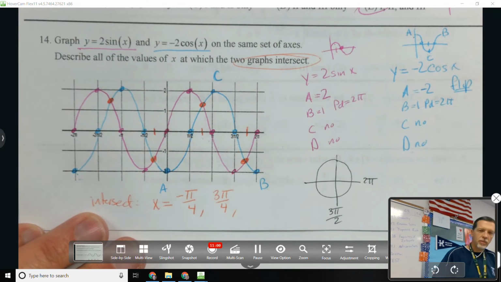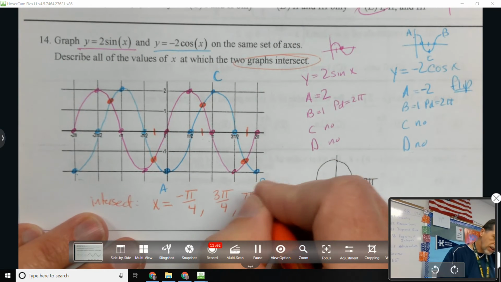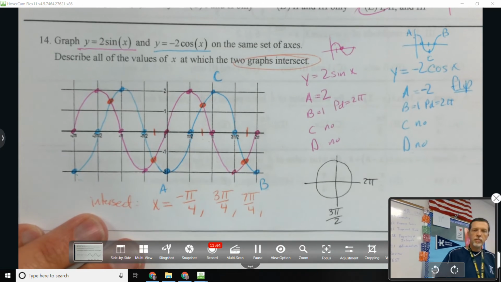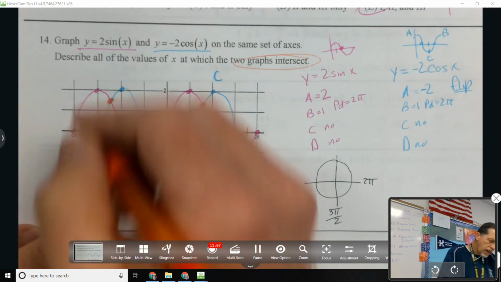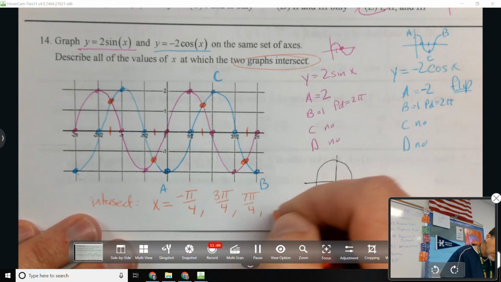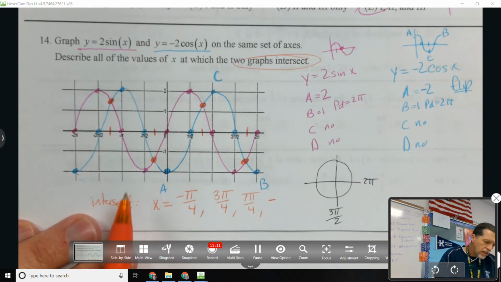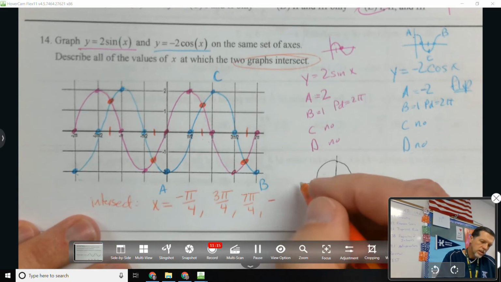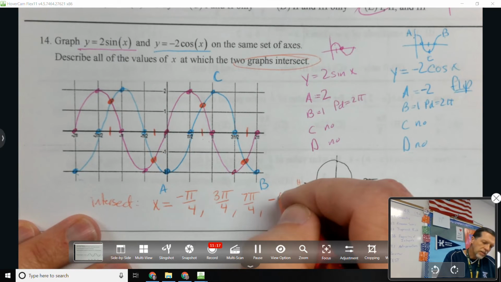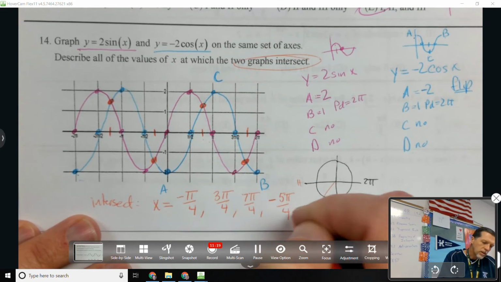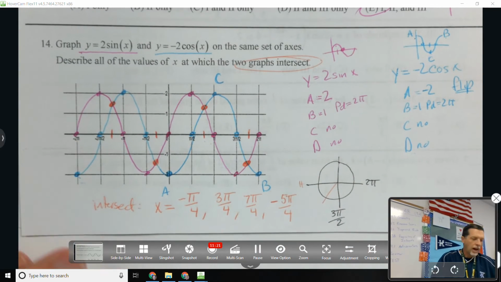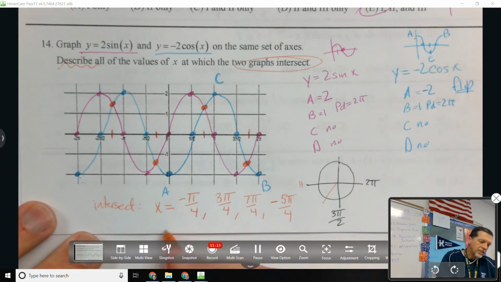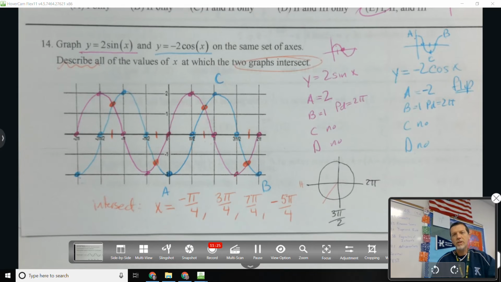So yeah, that's 7 pi over 4. If the picture helps. And that other one was over here at negative something. In between pi and 3 pi over 2 would be 5 pi over 4. So negative 5 pi over 4. I don't know what it means by describe, but I think listing them is what we're talking about there. The places they intersect.